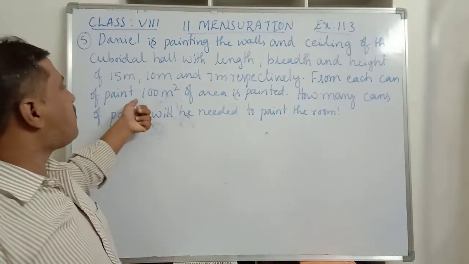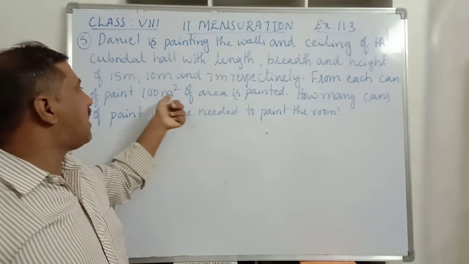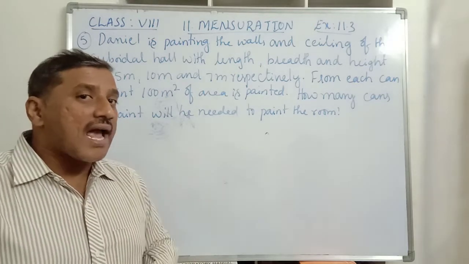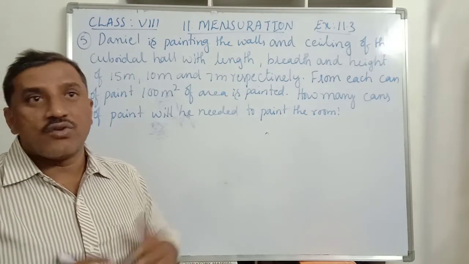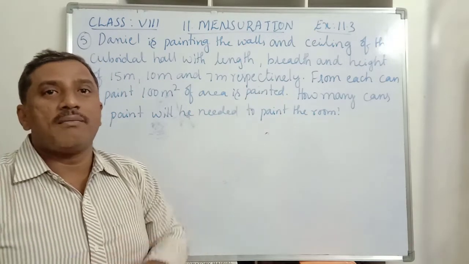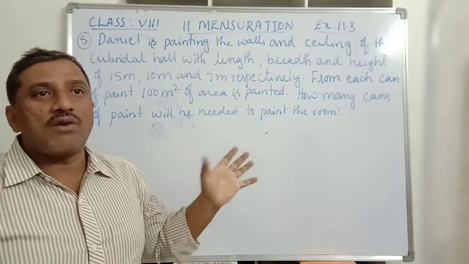So one can of paint can be used for painting of 100 meters square. So how many cans does he require? So where is he painting? 4 walls plus ceiling. So what we have to find?